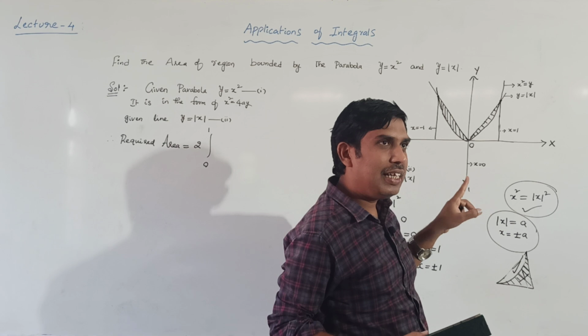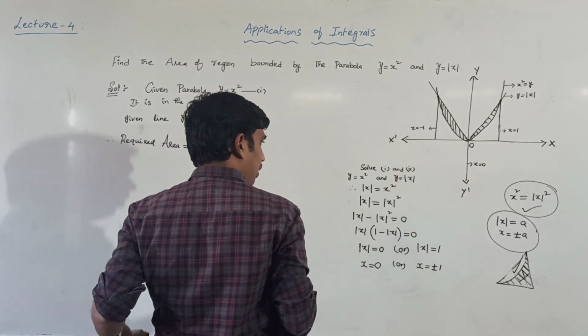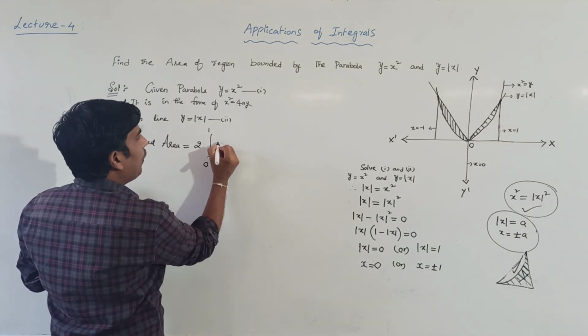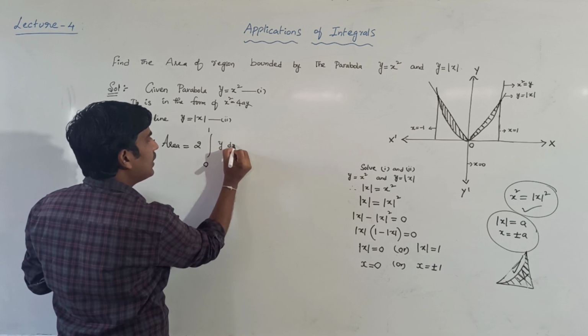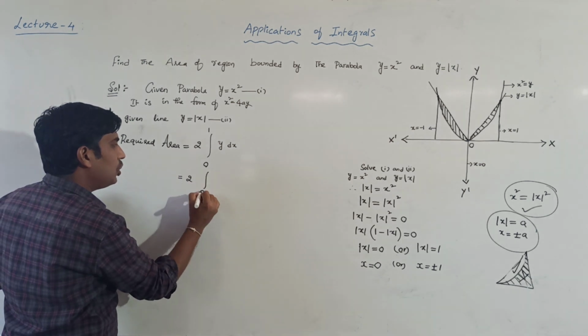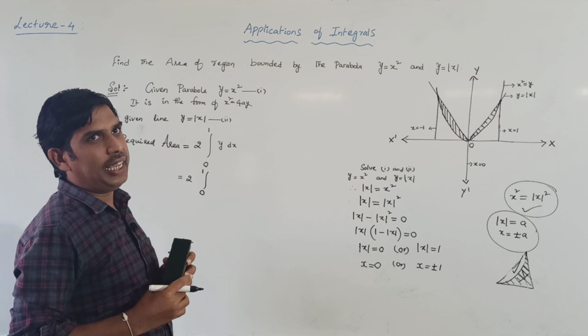Line area minus curve area. So the required area is the integral of y dx, that is the formula. So 2 integral 0 to 1 of line area minus curve area.